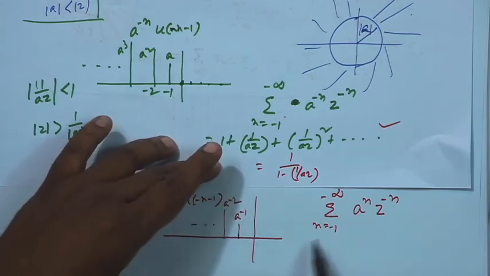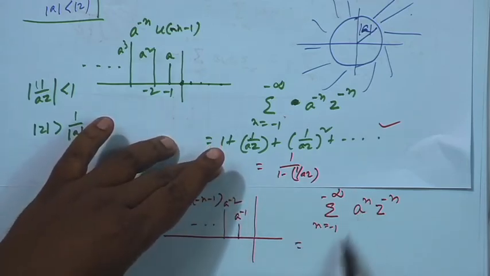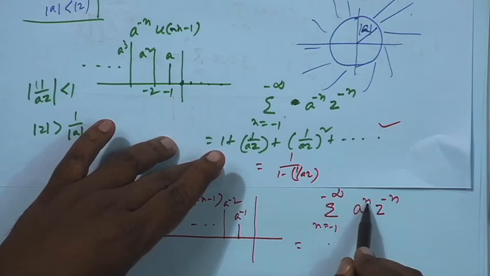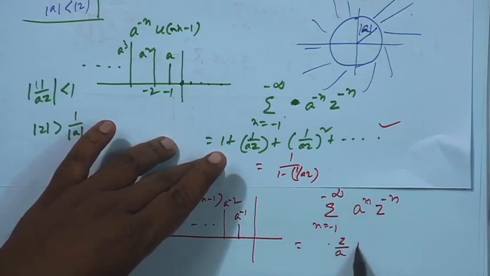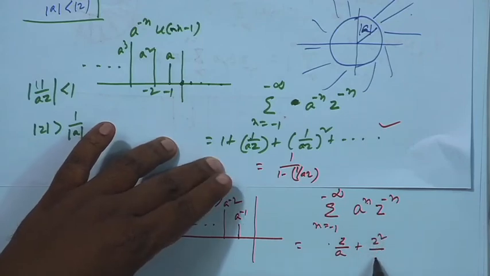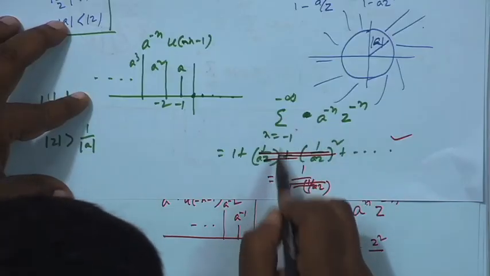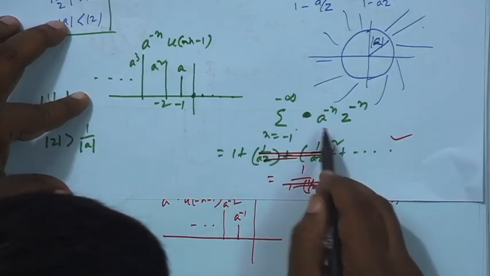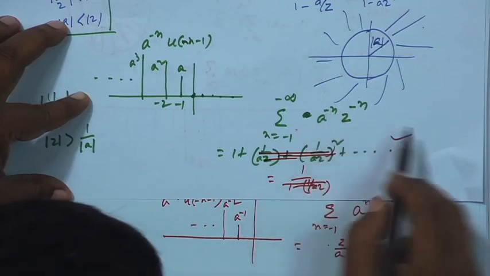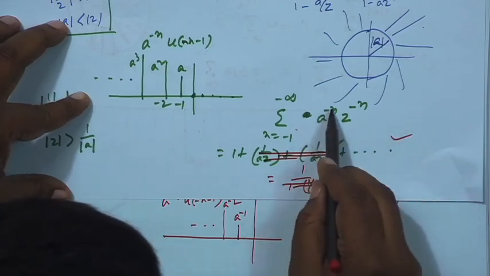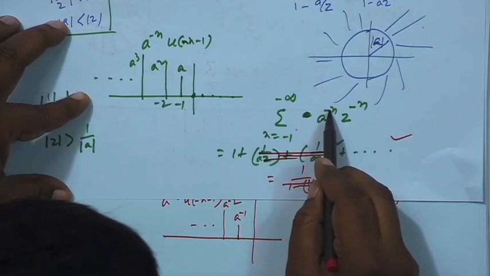Here there was a mistake I was making, sorry, here n was negative, right. So, it cannot be 1 by a z, it was a to the power plus 1, because n is minus 1. So, a to the power plus 1, z to the power plus 1.